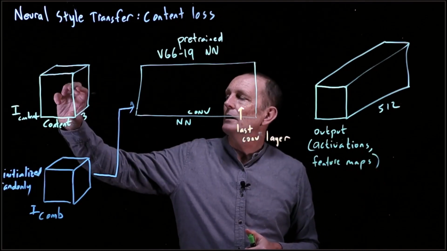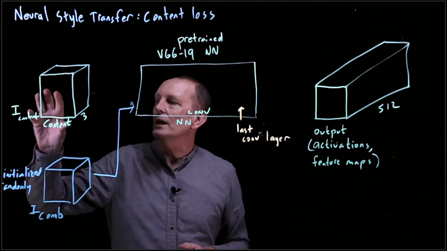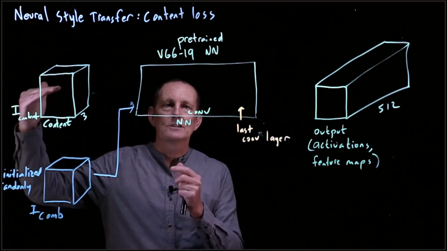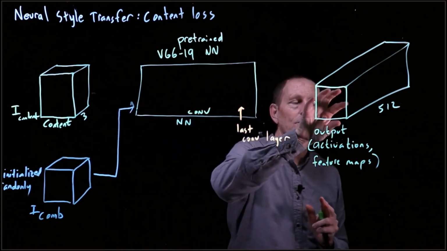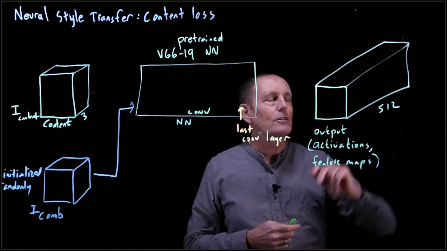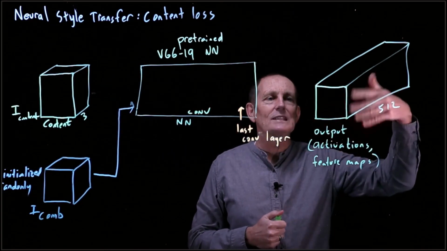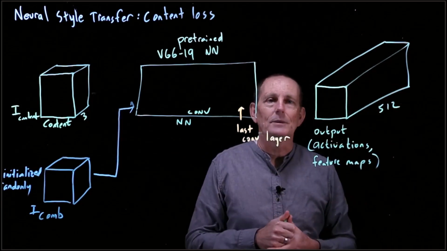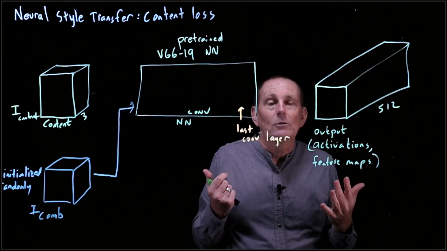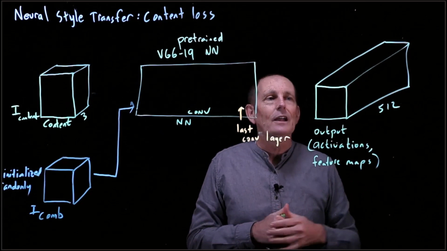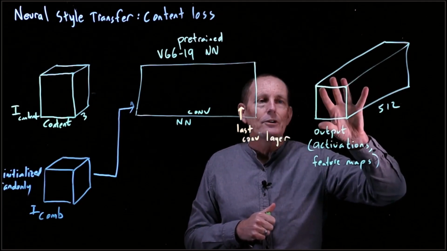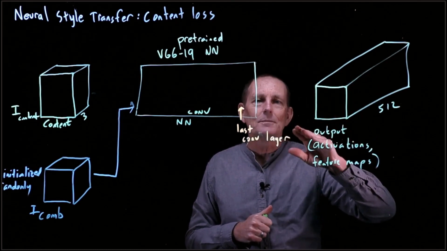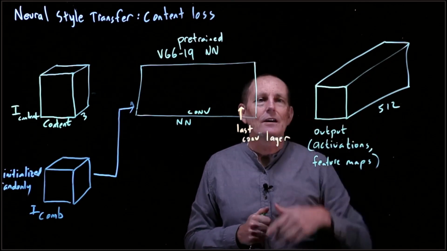We know it's going to be smaller in height and width than the content input because we know our convolutions go smaller and smaller and smaller. Right? So we've got this size, we've got this 512 different features, telling us various pieces of information about this image. We don't know exactly what. It's whatever it happened to learn that would be useful in order to determine what this image is later on with these convolutional layers.